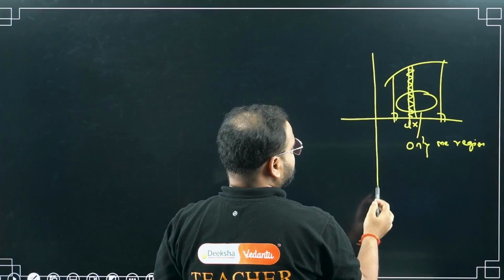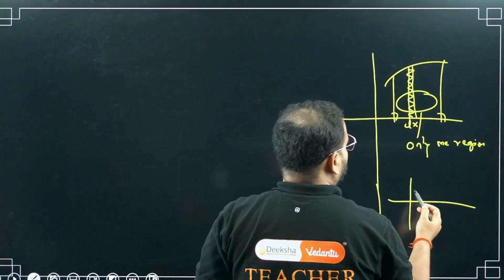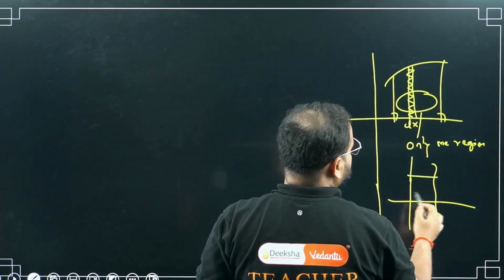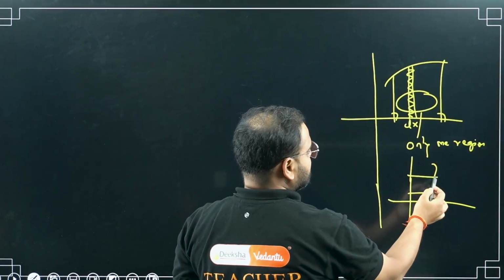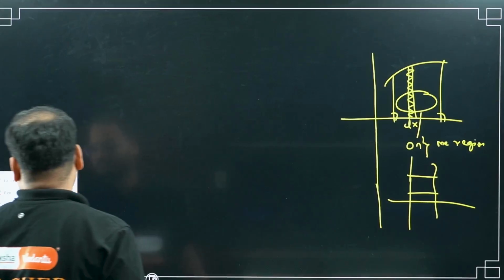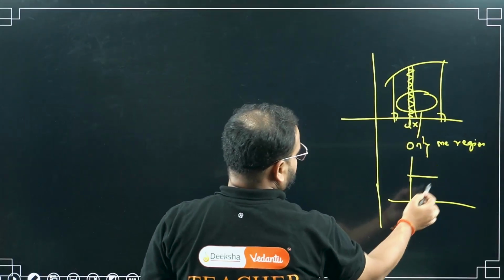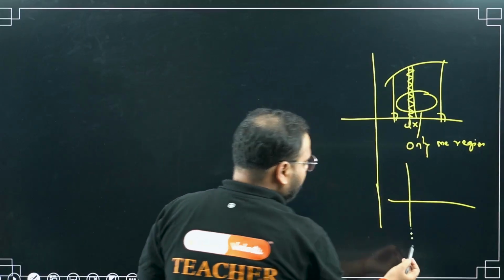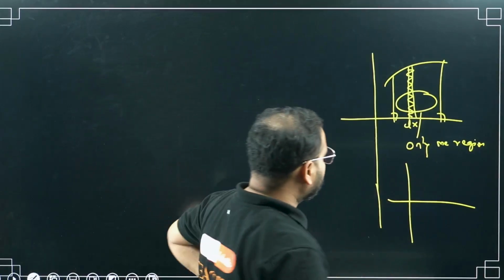And what about horizontal strips? If you have the graph like this, then you have to consider the limits like this, and the point of intersection is like this. Let me show you an actual case. I'll try to draw a graph where a line and a curve are required.